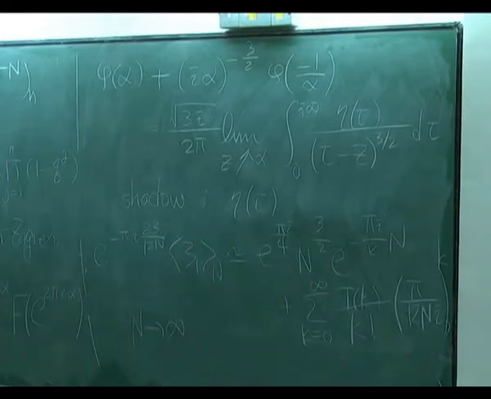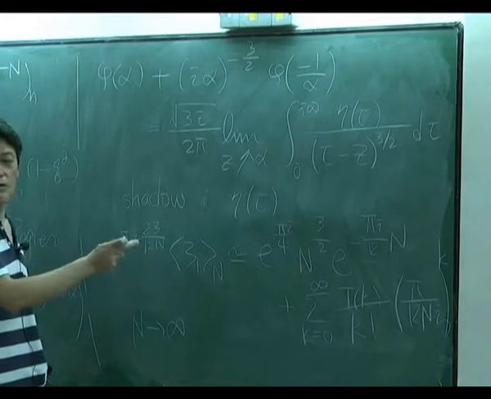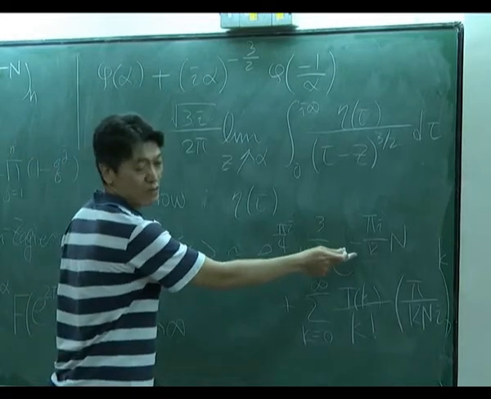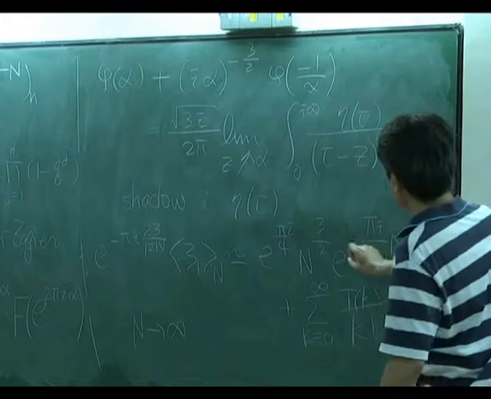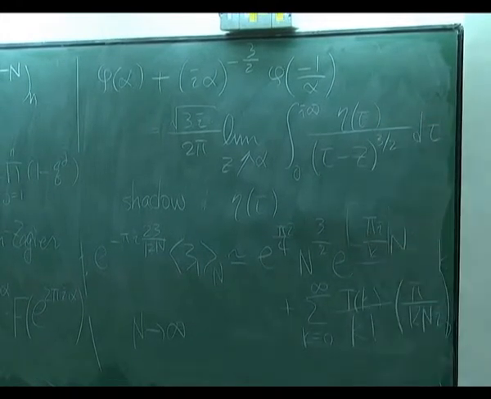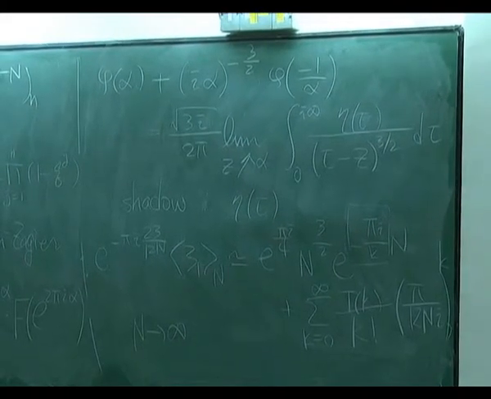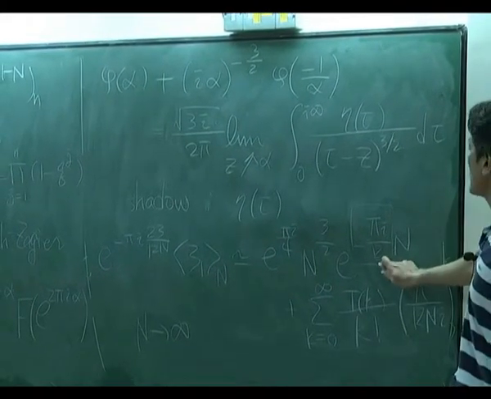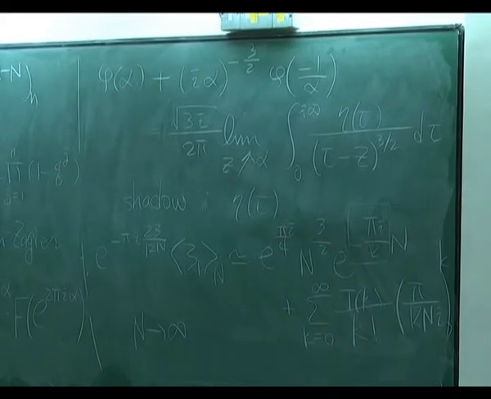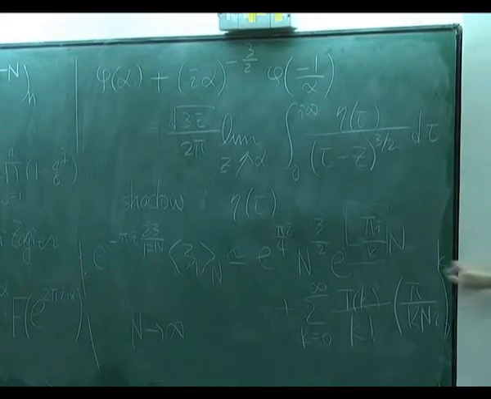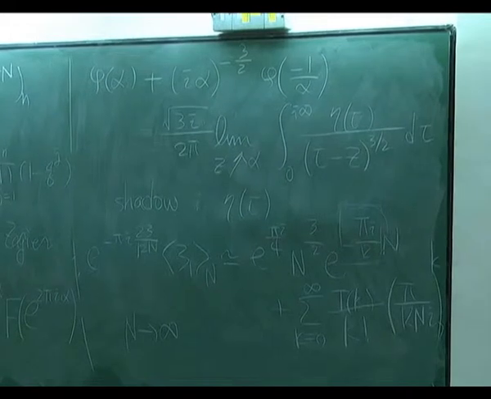The reason is that this trefoil knot is not hyperbolic, and the volume is just 0. We know the topological meaning of this one, but we omit it. This is just the Chern-Simons invariant of the trefoil knot complement, and we know the meaning of this factor.